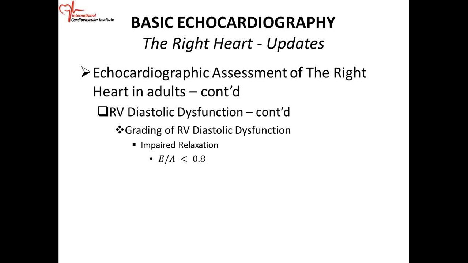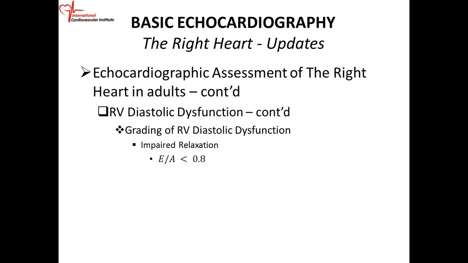Okay? So remember, when you look at the tricuspid inflow, just like the mitral valve, you're going to have your E velocity and your A velocity. Remember, the E velocity is when the tricuspid valve opens and blood is sucked in from the right atrium into the right ventricle, you get your E velocity.